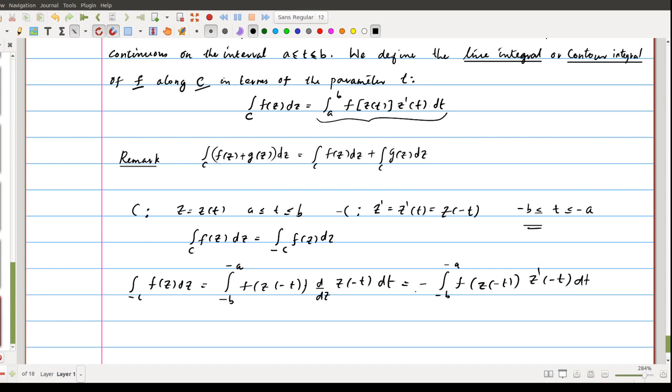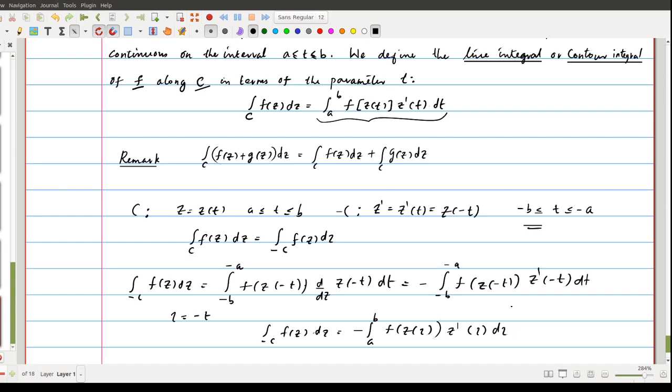By substitution, tau equal to minus t, we can write the integral over minus C of f of z dz as minus the integral from a to b of f of z of tau times z prime of tau d tau.